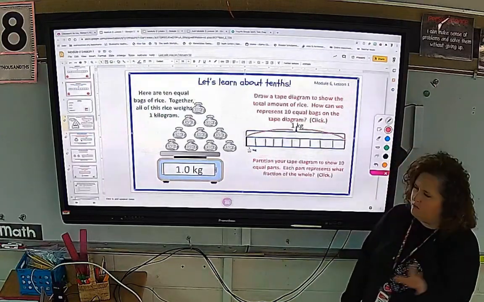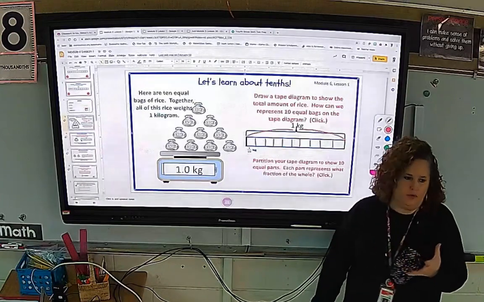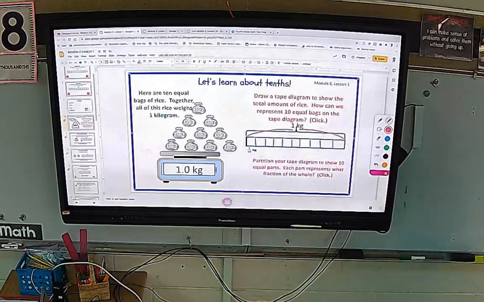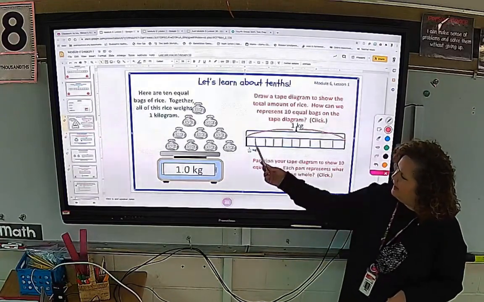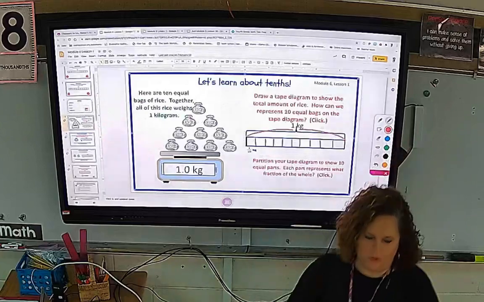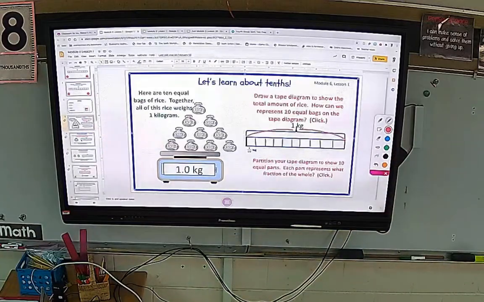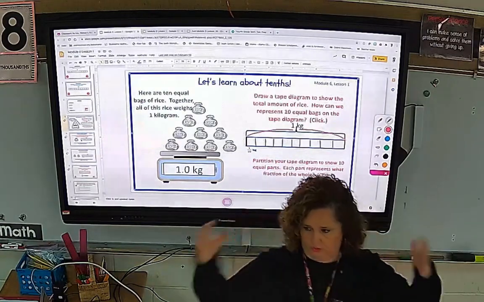All right. Now, if I were going to write a fraction to show these pieces, okay, if I only had one bag of rice, let's say I had one bag of rice and I came over and laid it on Charlotte's desk, what fraction of the whole does Charlotte have?